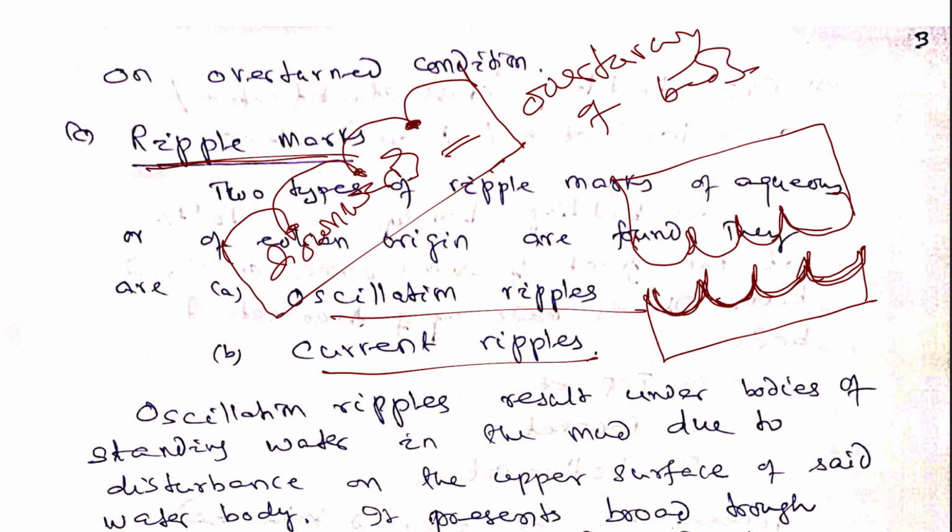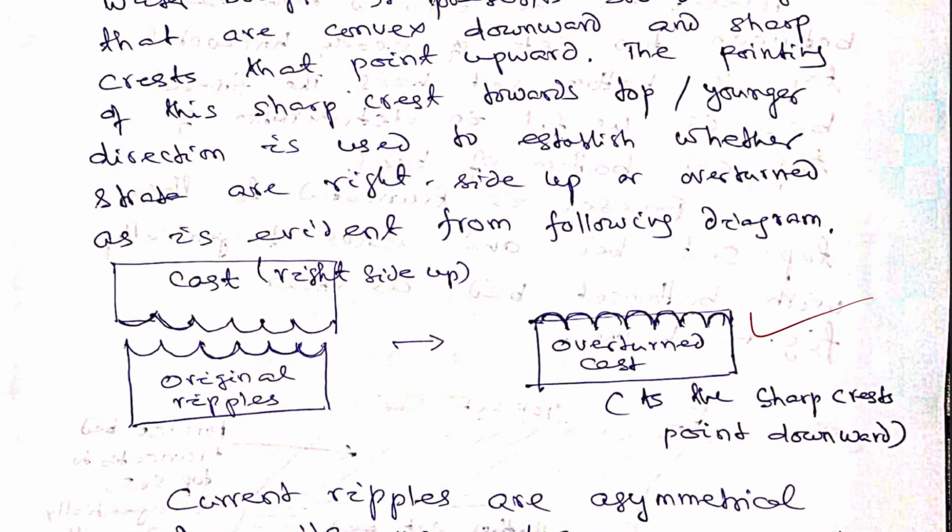Because as per its very formation, these crests always point towards the top. It cannot be towards the bottom. So here it has been deflected toward the bottom. That's why the cast, which is showing these crests pointing downwards, and the bed which contains this type of ripple marks, is totally overturned.